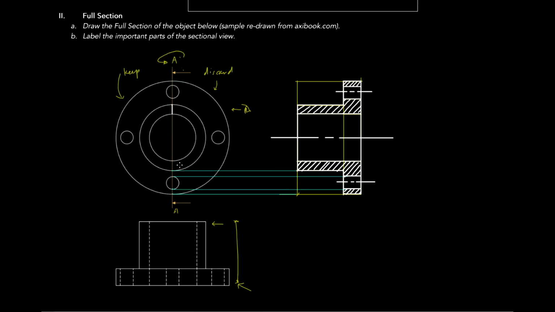I could have easily done it this way, to be faster. Instead of using the compass, just extend straight down. These are the distances. Right?